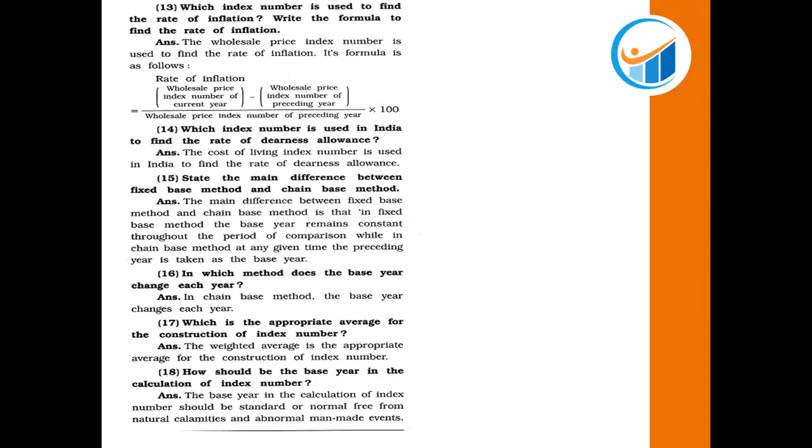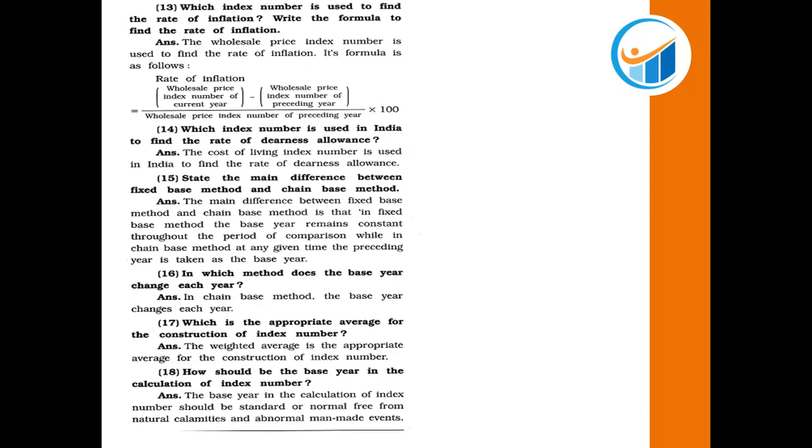Students, you know what type of natural calamities there are: fire, floods, earthquake. If this type of natural calamity has not occurred, that type of year we take as a base year. And another important thing, abnormal man-made events should not occur in that year.